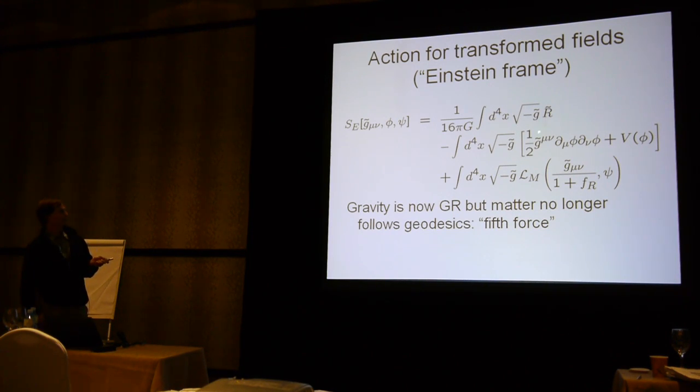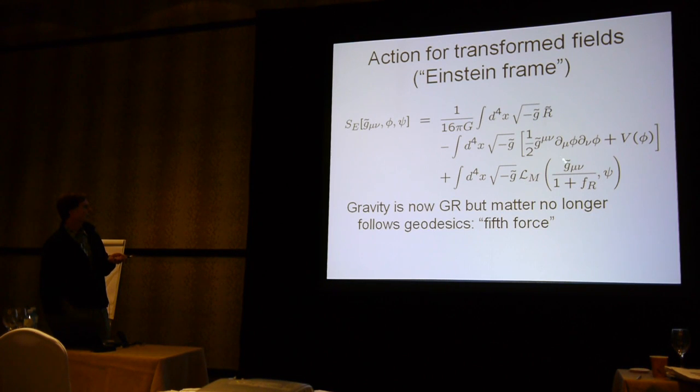Well, two things. First of all, you've had to explicitly introduce another field, this phi, and you could take my word for it, check it as a lengthy homework exercise. This will exactly reduce back to the other action in the transformations I showed. This looks like a standard scalar field with some potential and a kinetic term. This could be like an axion or an inflaton.